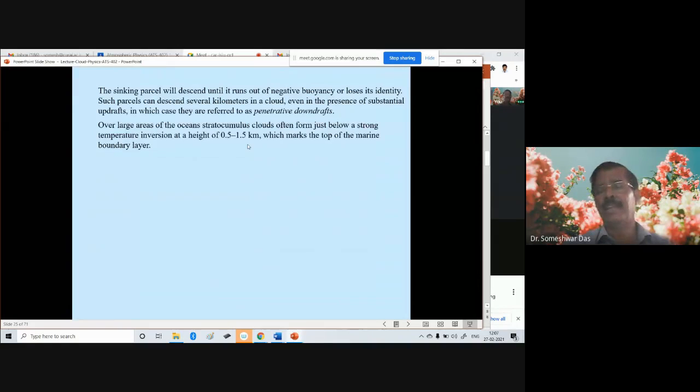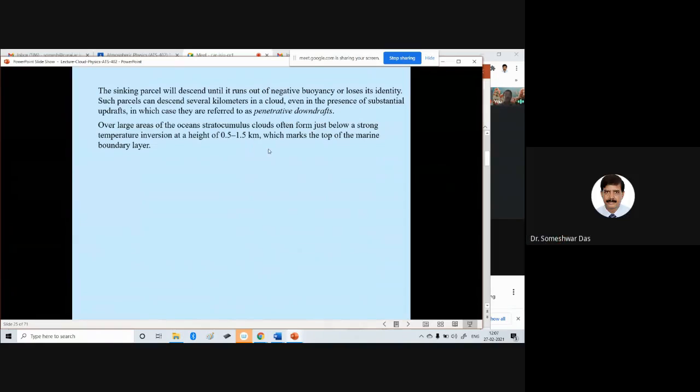Generally their base is about 0.5 to 1.5 kilometers above the ground, which is approximately also the top of the marine boundary layer. The typical height of the boundary layer is about 1 kilometer.